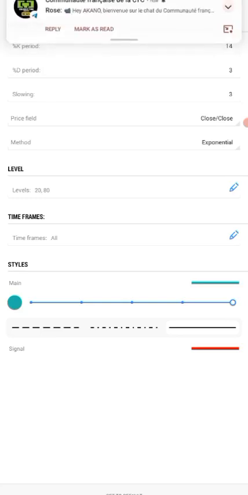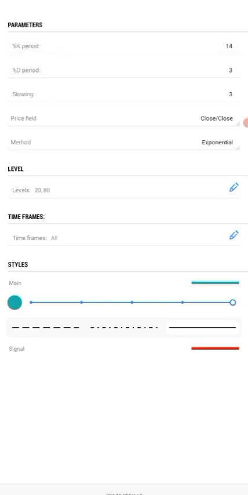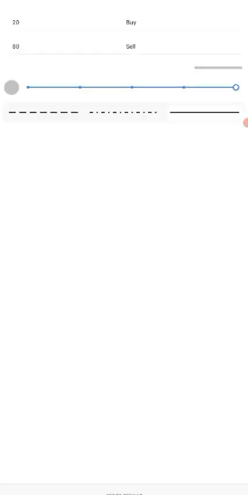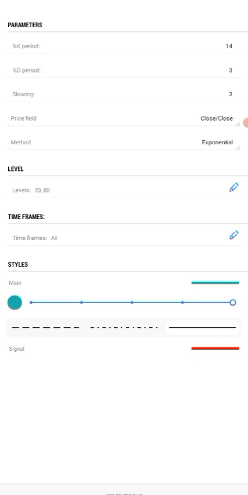Our levels are 20 and 80. Let me go there so you see it. At 20 we buy, at 80 we sell. So I take it again. K period 14, and then D period 3, slowing 3, and then close, exponential, and then our levels.